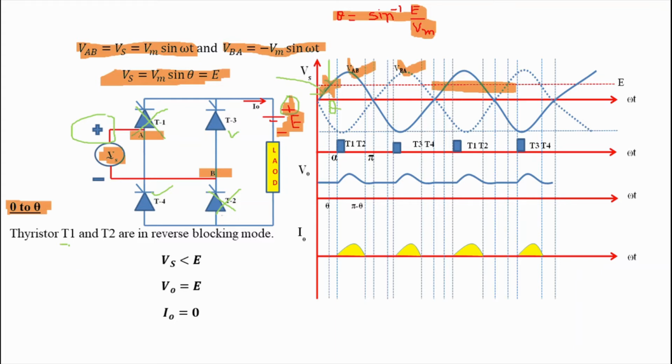That's why they are in reverse blocking mode. So in reverse blocking mode, all the thyristors are in open circuit state. So when all the thyristors are in open circuit state, there will be no current in the output. That's why I naught is equal to 0 and we get output voltage V naught equal to only this EMF E. Or we can say that this EMF E will appear across the output because the load current is 0. And in the waveform you can see that from 0 to theta, V naught is equal to EMF E and I naught is equal to 0.